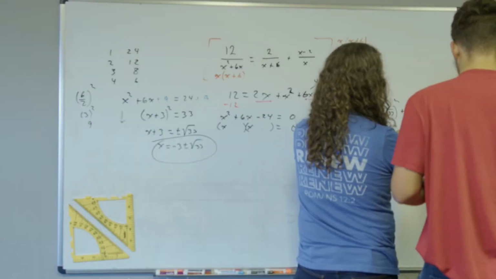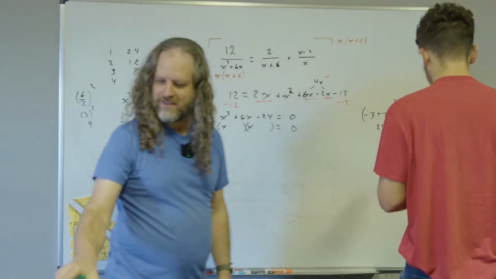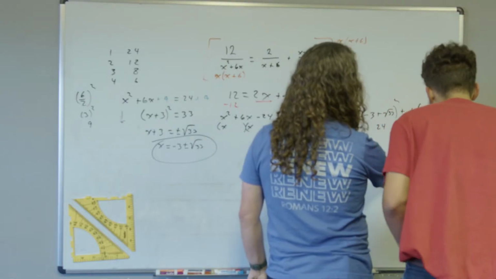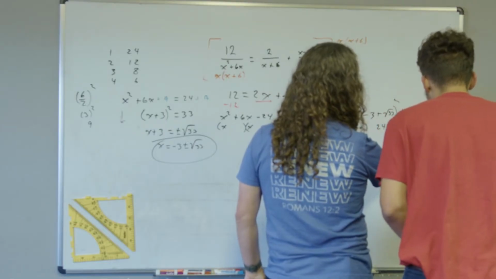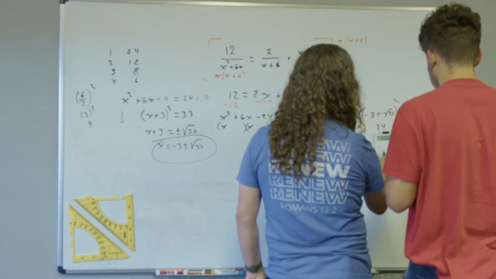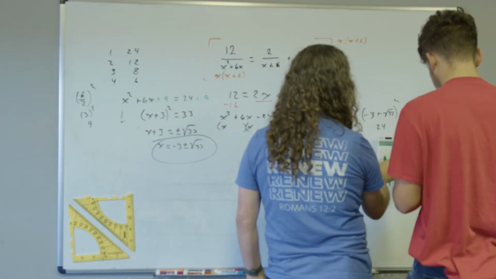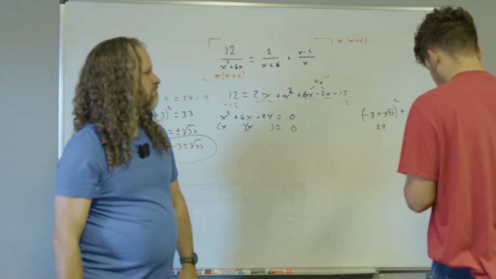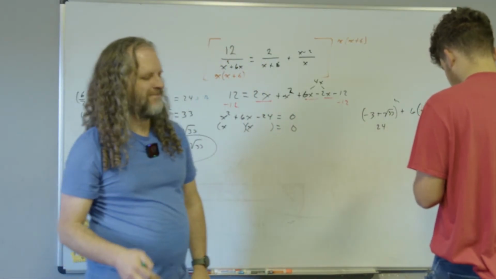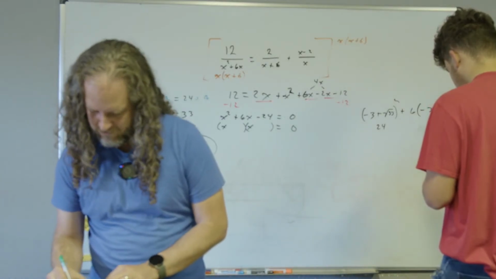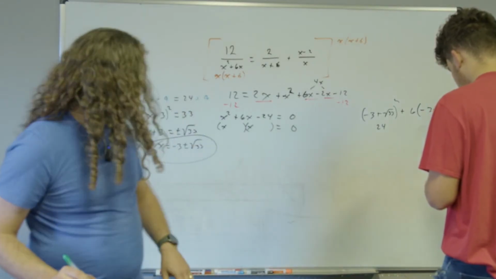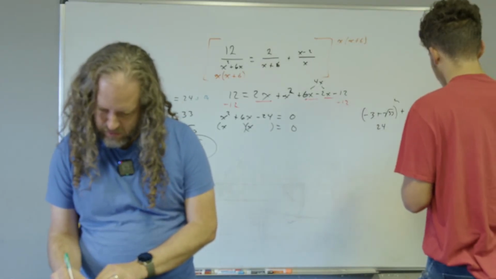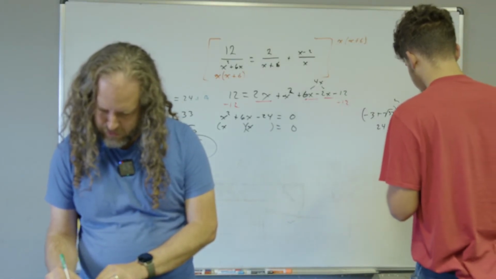This one gives you negative 8.7. So that plus 24 is definitely not 24. It's a little more than 40. It was negative 3 plus or minus the square root of 33.